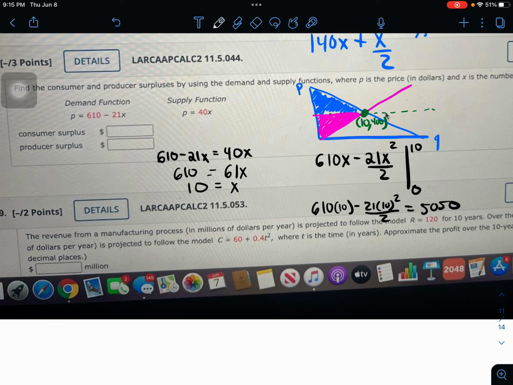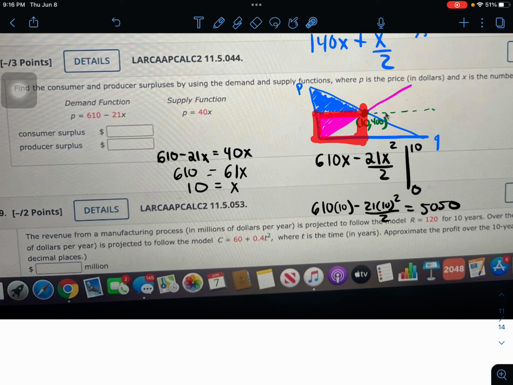That's not your answer. That is this area right here. But I just need this area. So what I'm going to do is I'm going to take that area I just found, and I'm going to subtract out this rectangle, the area of this rectangle, and that'll leave me with this area.